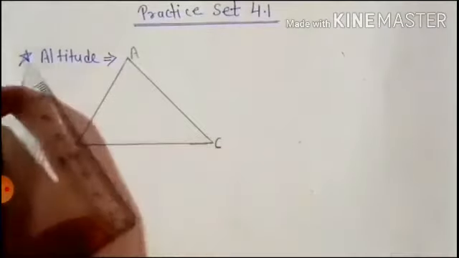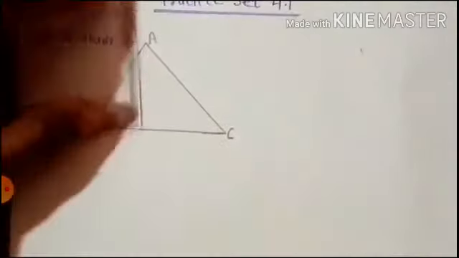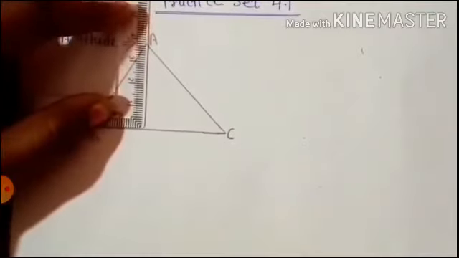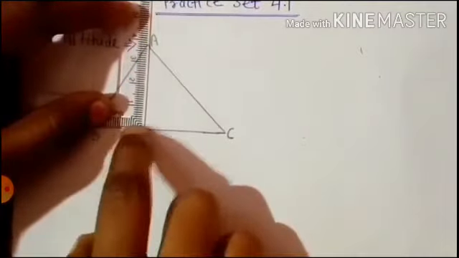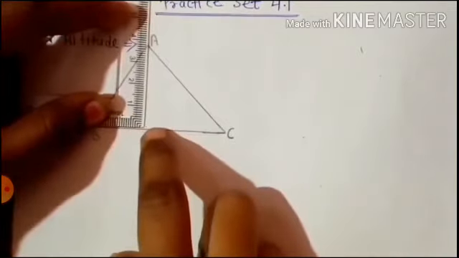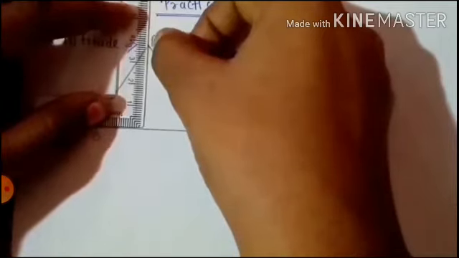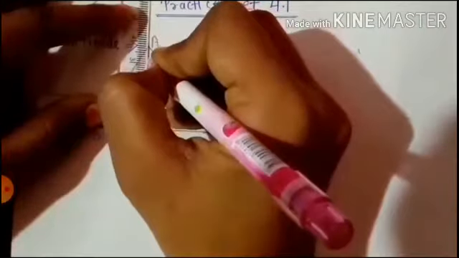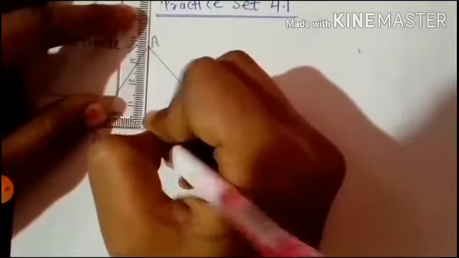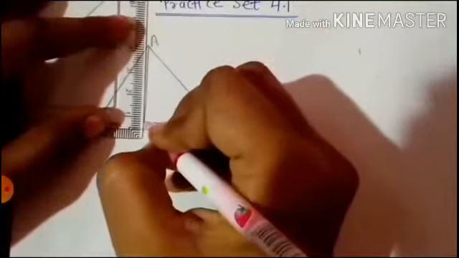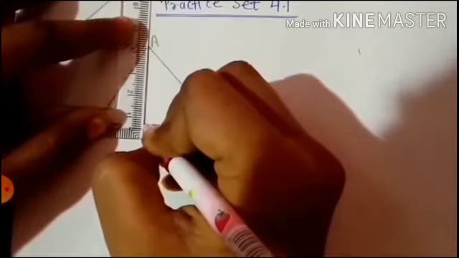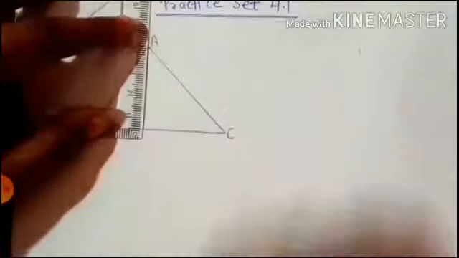Students, put your set square on the base of the triangle BC like this, with one line straight and passing through the point A. This is the method to set the set square on a triangle and draw one line perpendicular to base BC. So this is the height and altitude also.